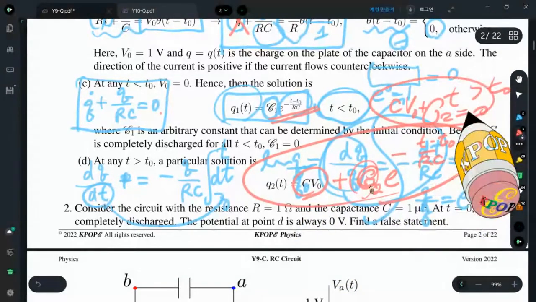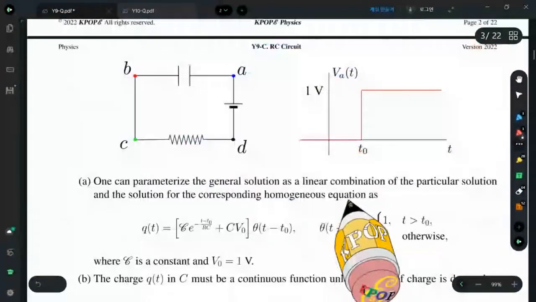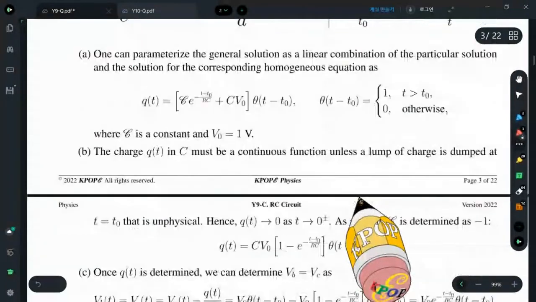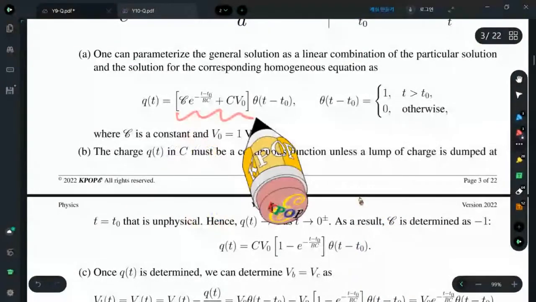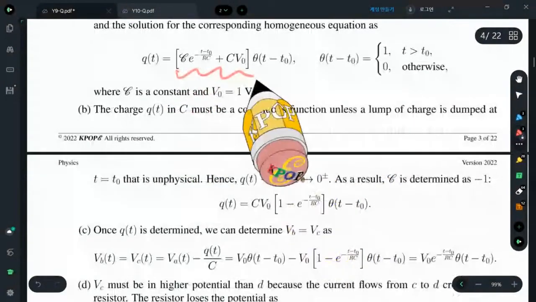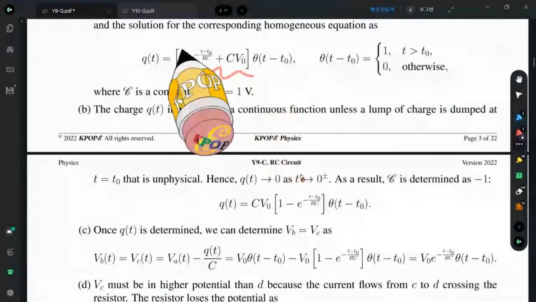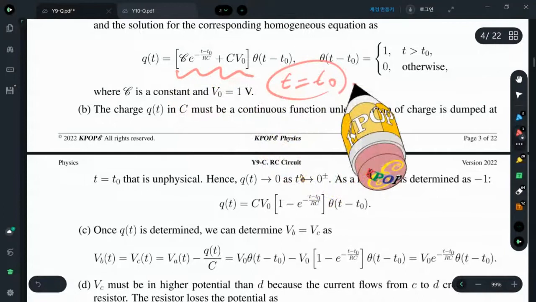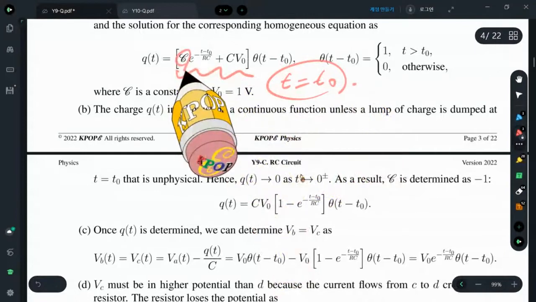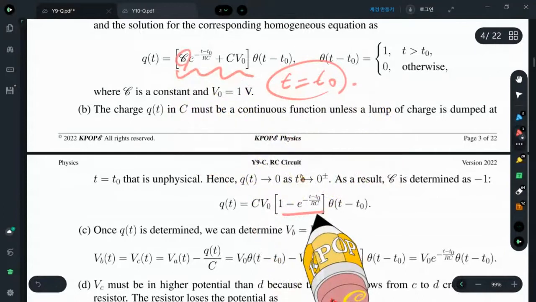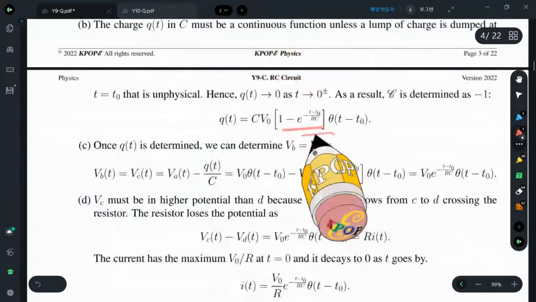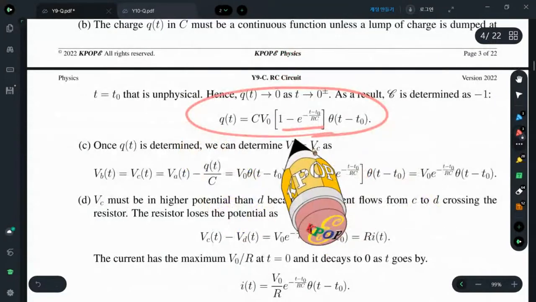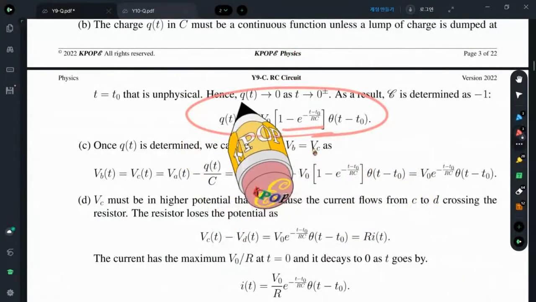In such a manner, we can complete the calculation. Substituting the initial value, this one must vanish at t equals t0. In that case, we can determine the C like that. So this is the solution of the charging process.